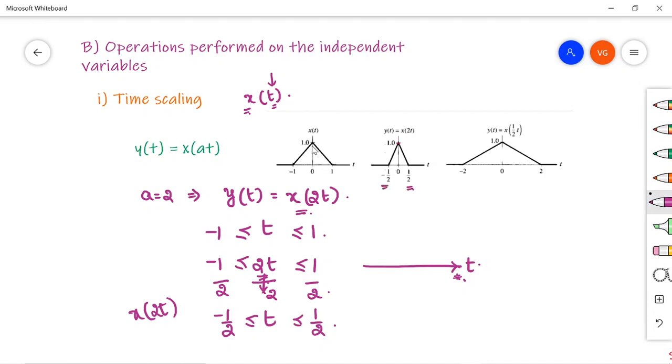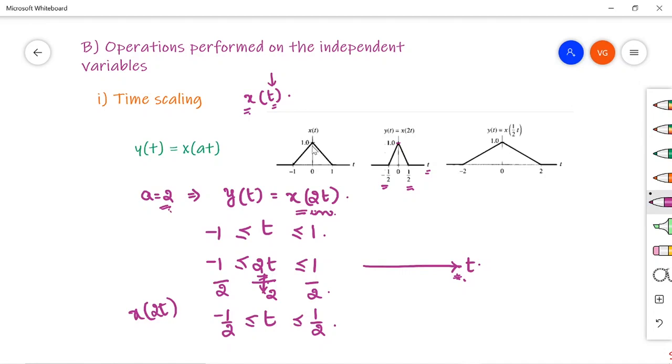And there is no change in the amplitude because you are doing the operation only on the independent variable, which is nothing but the time scale, not on the amplitude. Right? So I'll explain one more time here. As you are taking the scaling factor as 2, the signal becomes x of 2t, right? 2t means the same signal has to be drawn on the t scale.